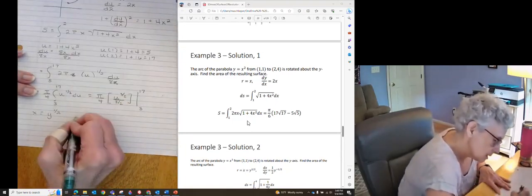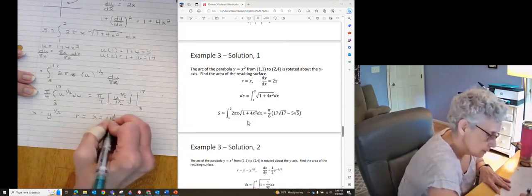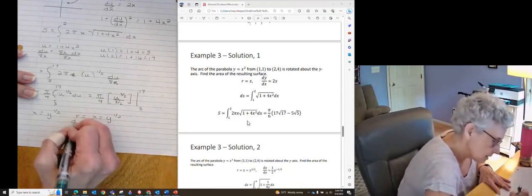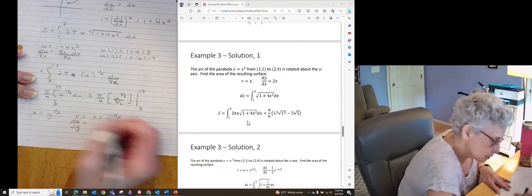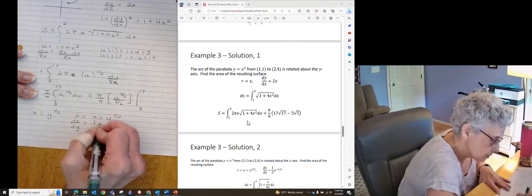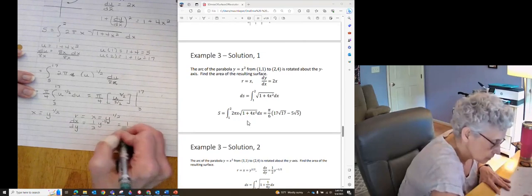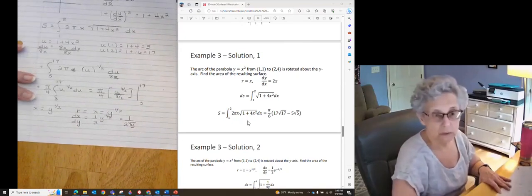My radius is equal to x, which is y to the 1/2 power. Now I need dx/dy, which would be 1/2 y to the minus 1/2 power, which is 1 over 2 times the square root of y.